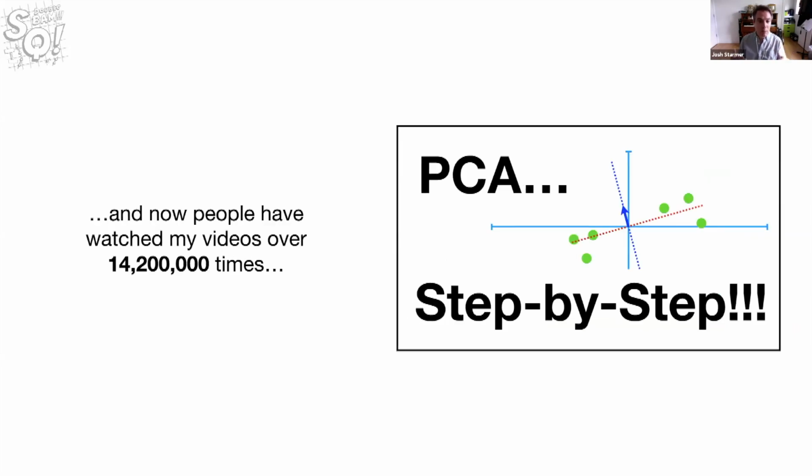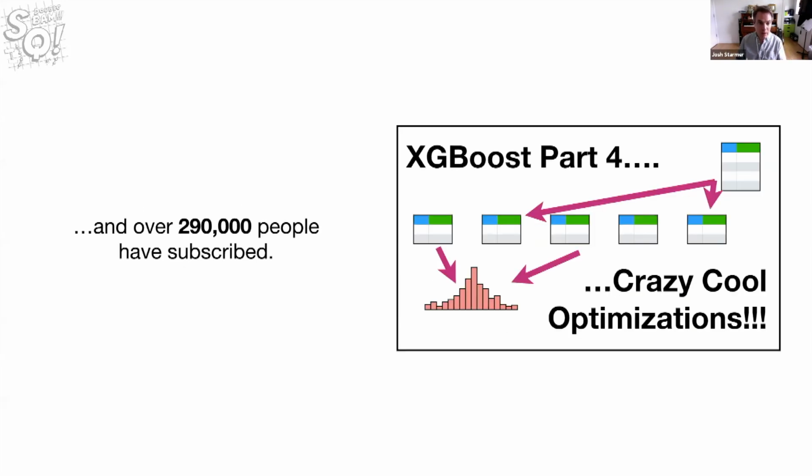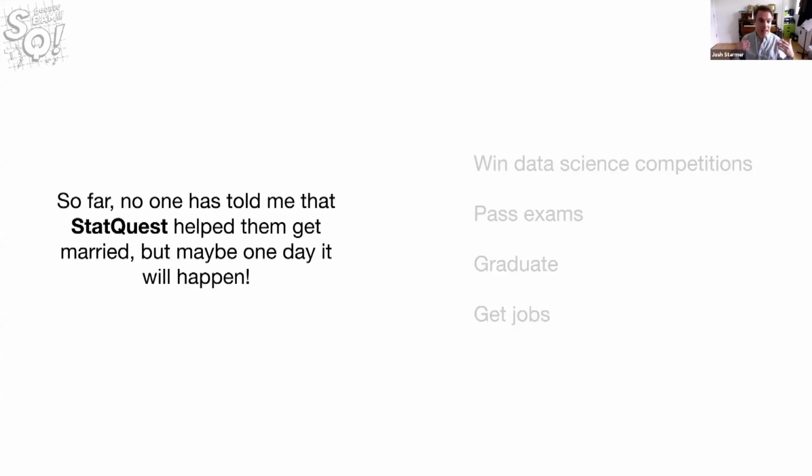And now people have watched my videos over 14 million times, and over 290,000 people have subscribed. More importantly, people say that StatQuest helped them win data science competitions, pass exams, graduate from college or university, get jobs. And so far, no one has told me that StatQuest helped them get married, but maybe one day that'll happen, and that would be a cool thing too.